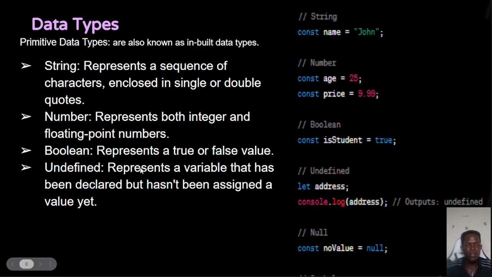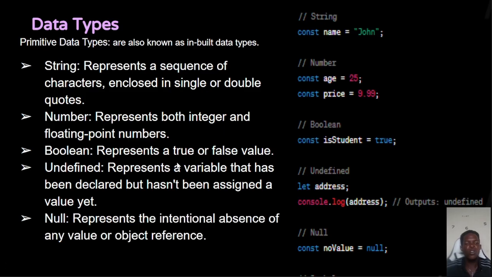So that is what undefined is. Same with null, but null is different from undefined. Undefined is you just declare the name Pius and you didn't attribute it to anything. But null represents the intentional absence of any value or object reference. So I can decide to say Pius.